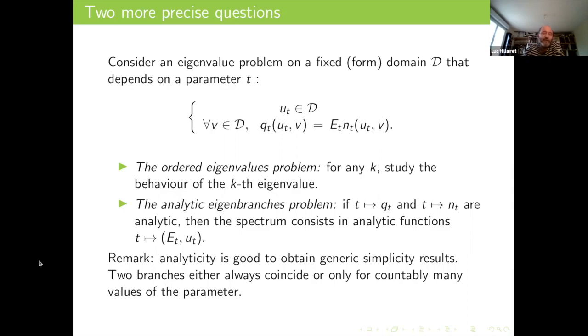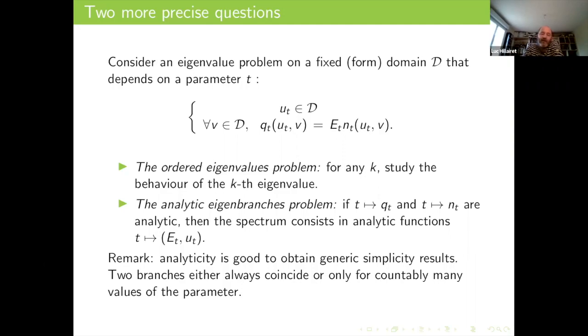And so when you have such a problem, you can look at it in two different ways. First, you can look at the ordered eigenvalue problem. That means that for any k, you study the behavior of the kth eigenvalue when t goes to 0, for instance. And then you can also look at the analytic eigenbranches problem. So if you assume that q_t and n_t depend analytically on the parameter t, then the spectrum consists of analytic functions.